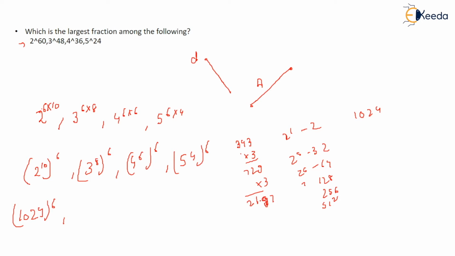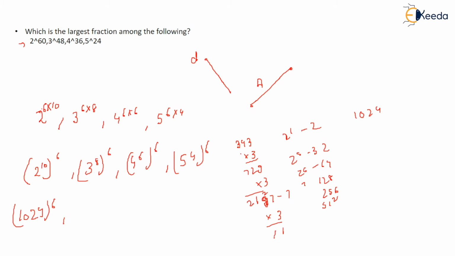So not 2197. Okay, so this will be power 7, and 8 means multiply by 3.